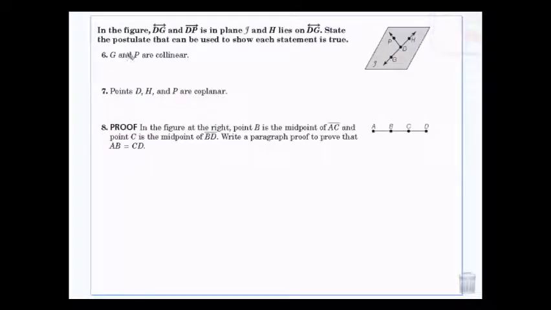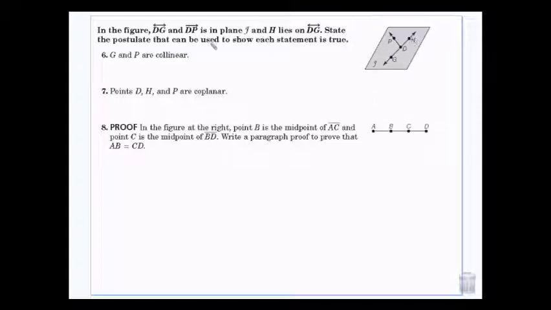Before we start proving, we want to figure out what the reasons are, or the postulates. So if I'm looking at this picture, I have DG and DP are in plane J. H lies on DG. So here we go, DG, DP, plane J. Or is that an I?